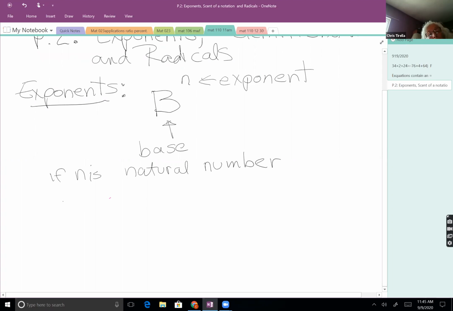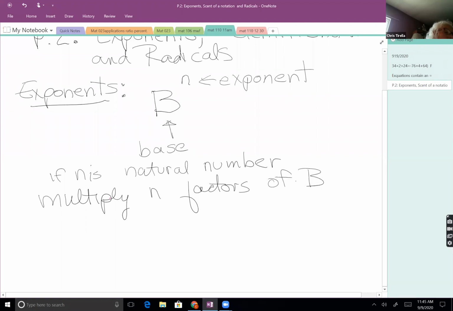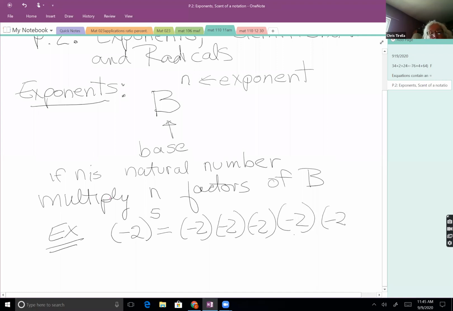It means we're going to multiply N factors of B. So for example, if I took parentheses -2 to the 5th, that means I'm going to take -2, 1, 2, 3, 4, 5 times and multiply.